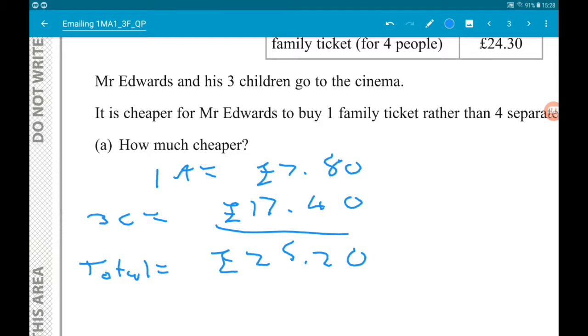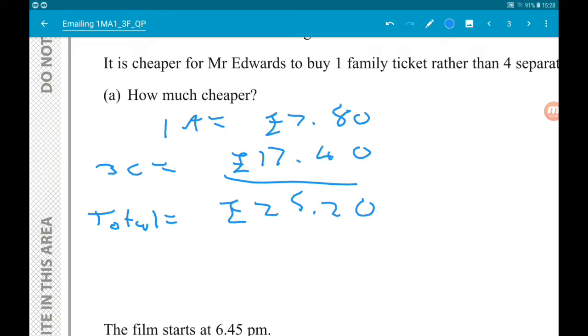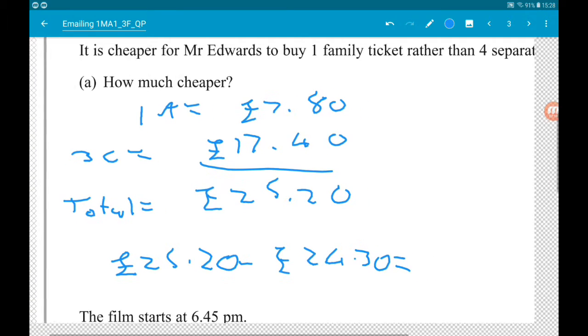So then, to work out how much cheaper it is to buy a family ticket, we do 25.20 minus 24.30, and that gives us 90p.